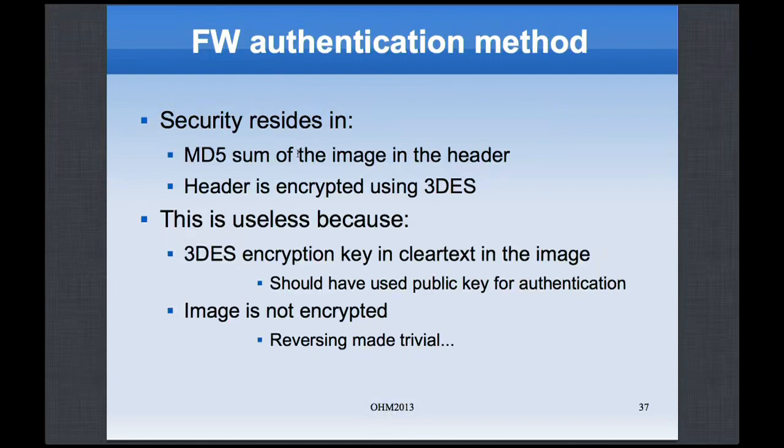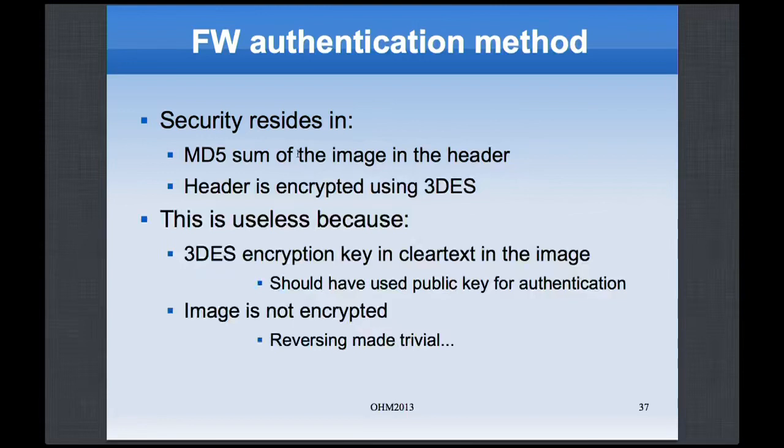Okay, so just to sum up, the security in this firmware update resides in the check of the MD5 sum of an image, which is in a header, which is symmetrically encrypted with triple DES, and well, it's useless because we can find the key, and even the image is not encrypted.